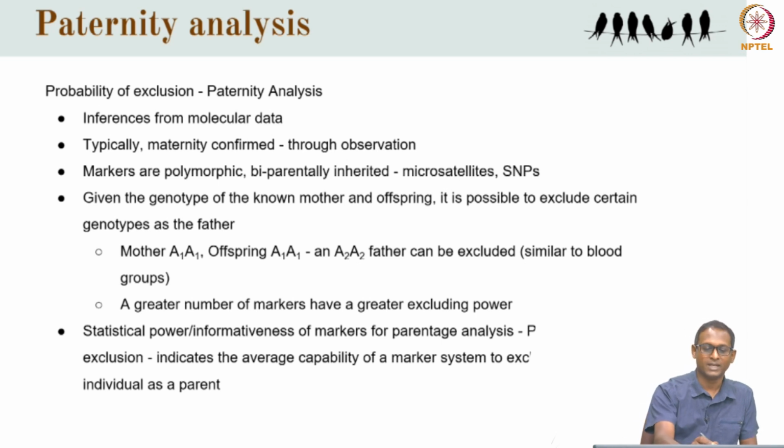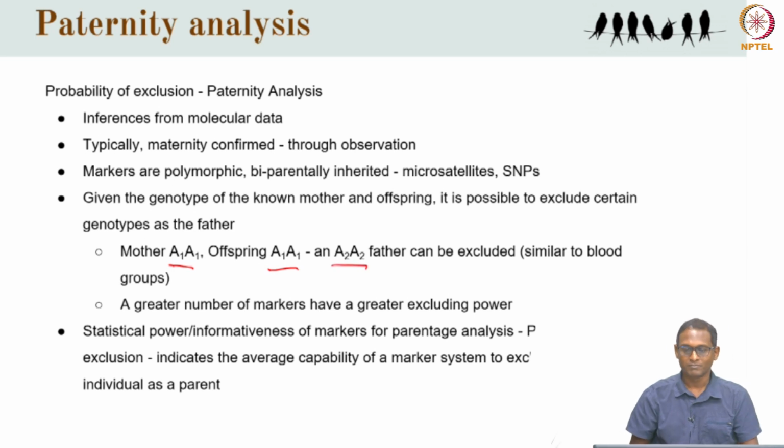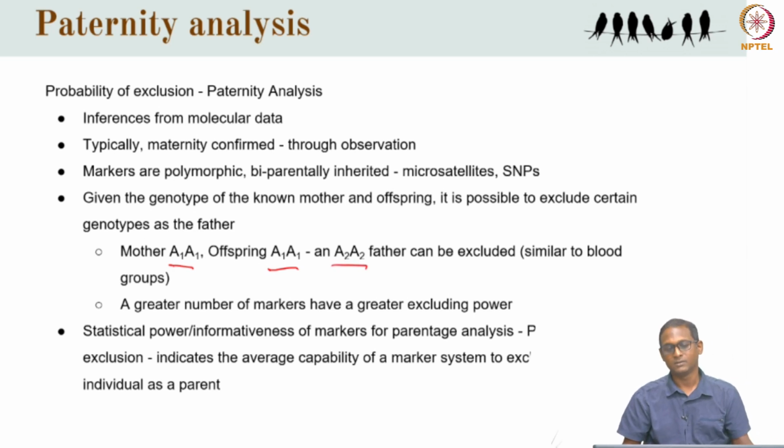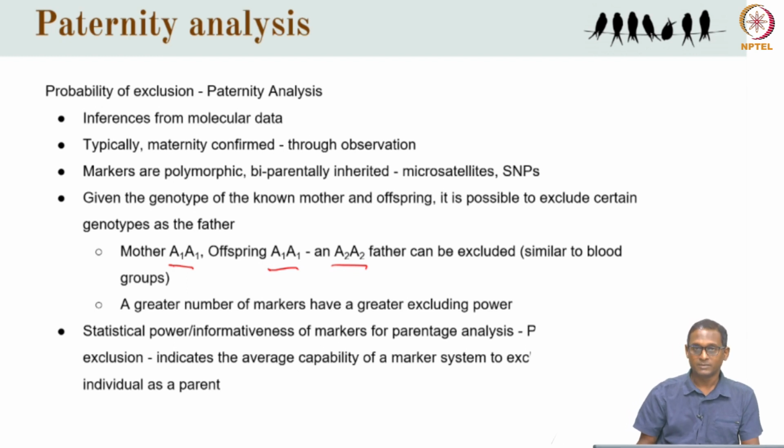For example, if you have A1A1 as the mother and A1A1 as the offspring, you can immediately exclude any male that is A2A2, because you know that that's not possible. This is very similar to the blood grouping exclusions that are done, but what you have to remember is that this is just an example with one set of alleles.